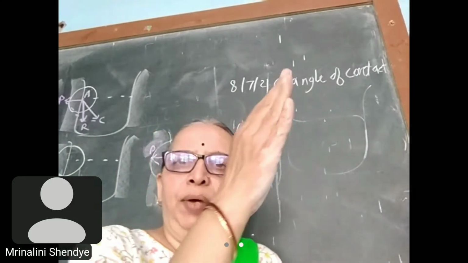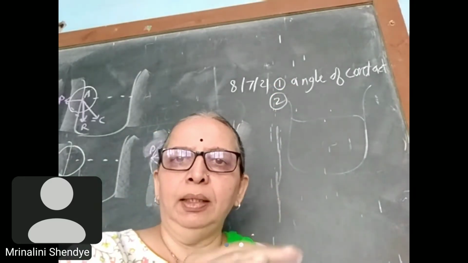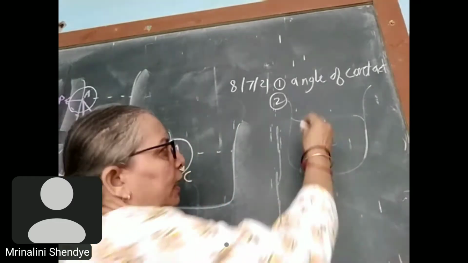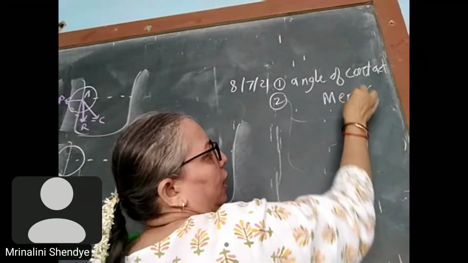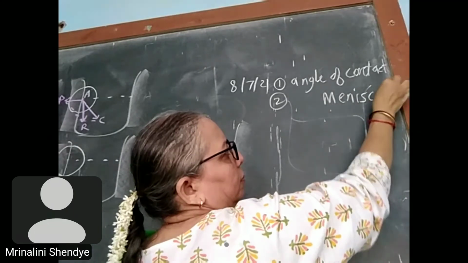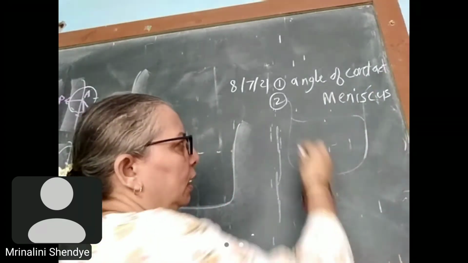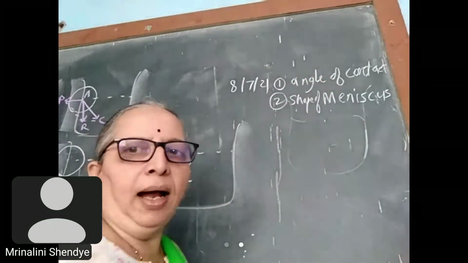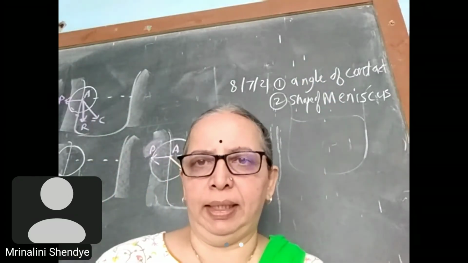When the surface is curved, then it is said to form meniscus, and these meniscus are of different types. So we will study the shape of meniscus. So these are the contents of today's lecture.